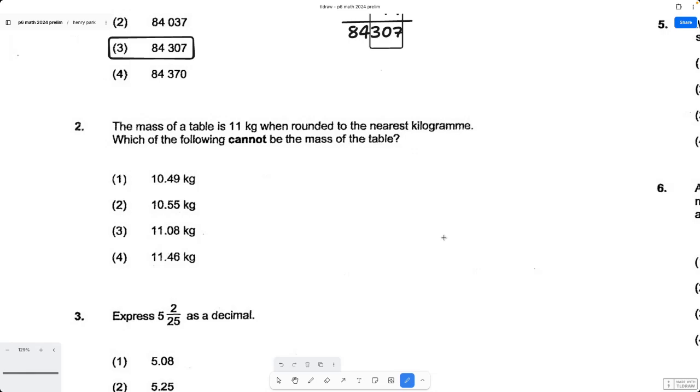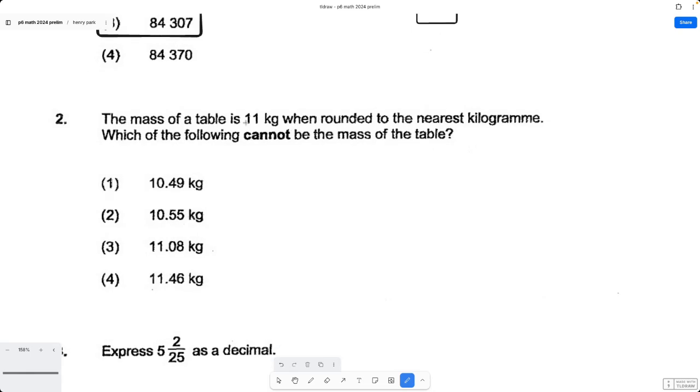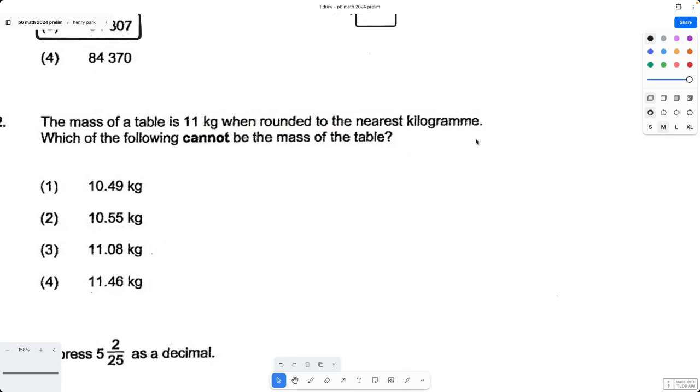Question number 2. The mass of a table is 11 kg when rounded to the nearest kilogram. Which of the following cannot be the mass of the table? So in this case, 11 when rounded to the nearest kilogram, essentially it should be 10.5 or more, or 11.4 or less.